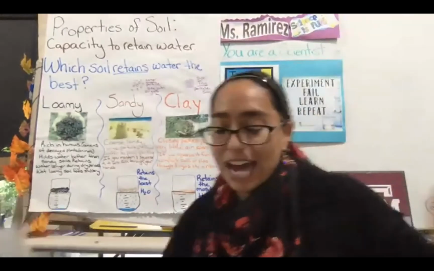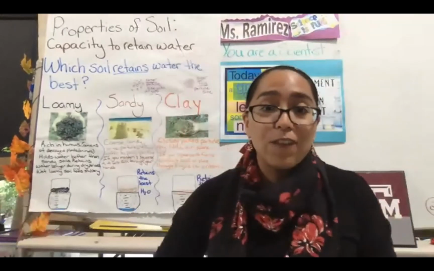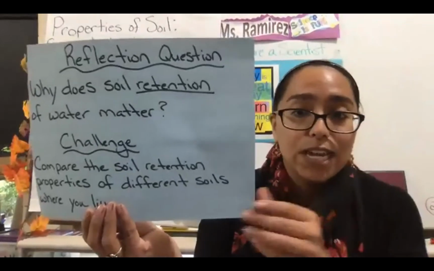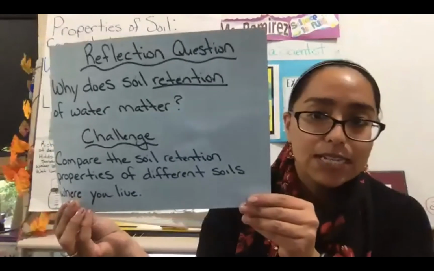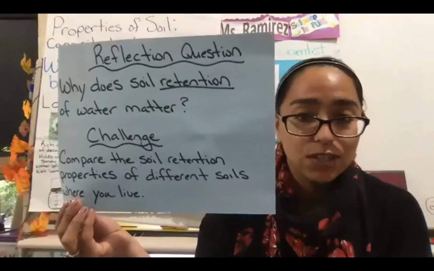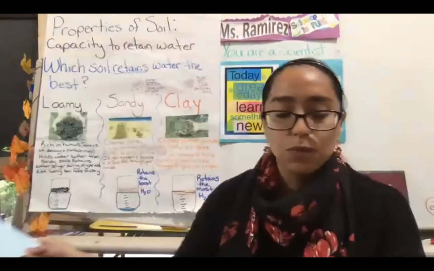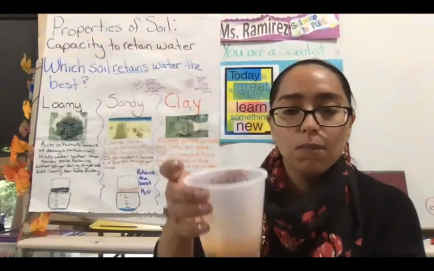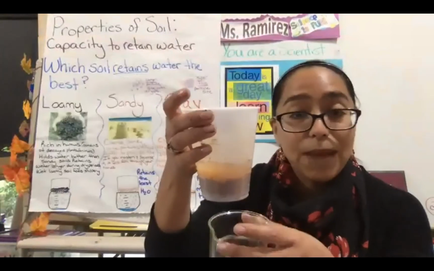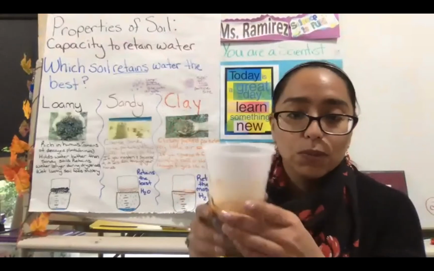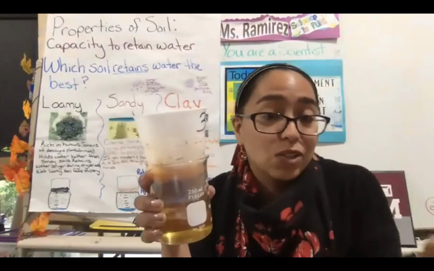So think about, how does water retention affect plants, or why is it even important to learn about water retention? And then my challenge for you guys is to compare the soil retention properties of different soils where you live. So it's something cool y'all can do: everyone can go home, take a cup and bring back a cup of soil from wherever you live, and then y'all can do your own little soil experiment back in your class.